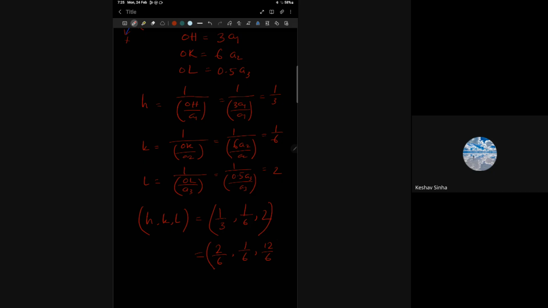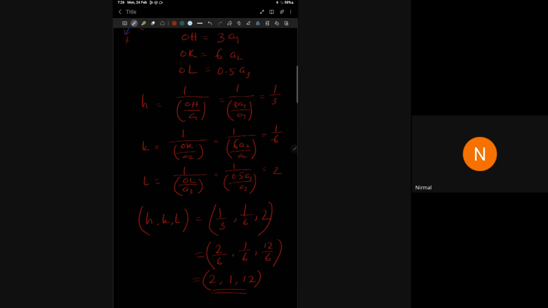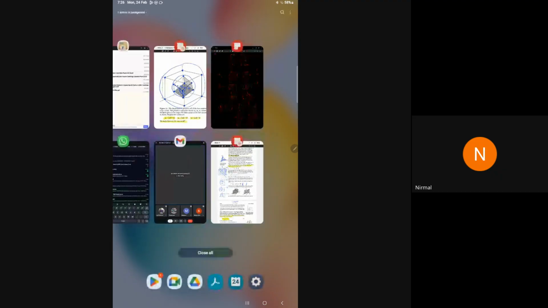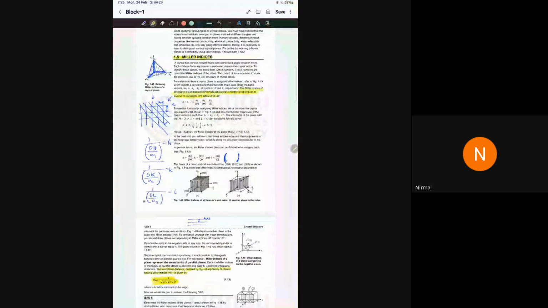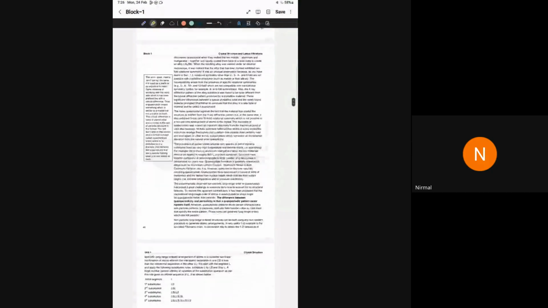So we write it as 2, 1, 12. So HKL values are 2, 1, and 12. Is this part clear to everybody? Yes, sir. Okay. All right, so then I think we move over to the next part.